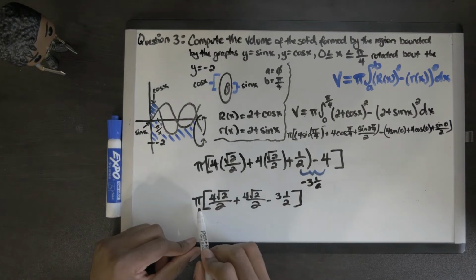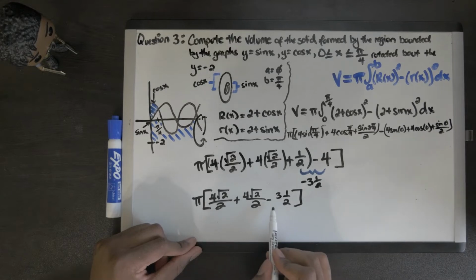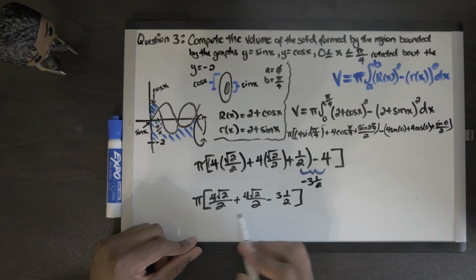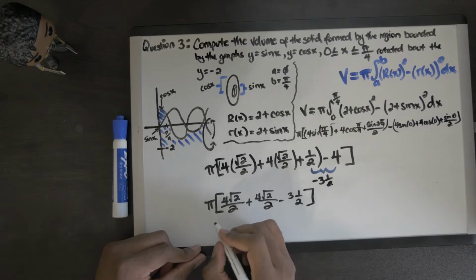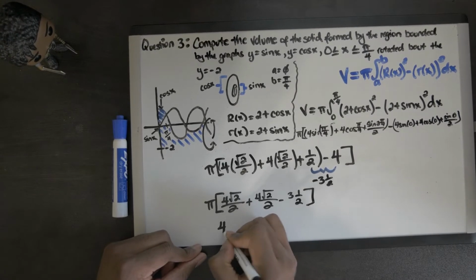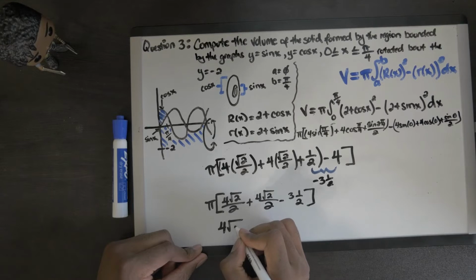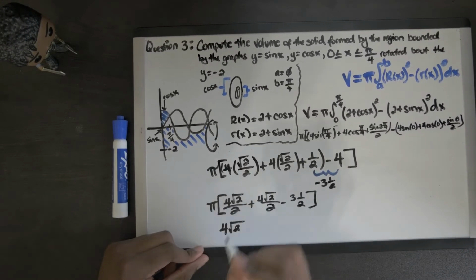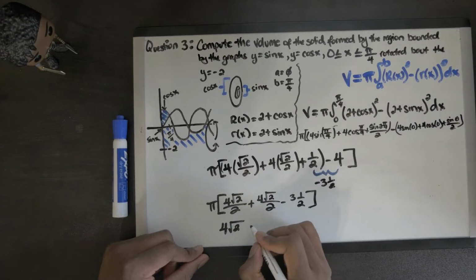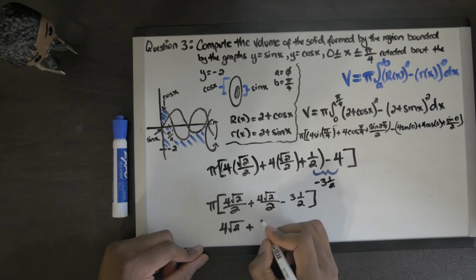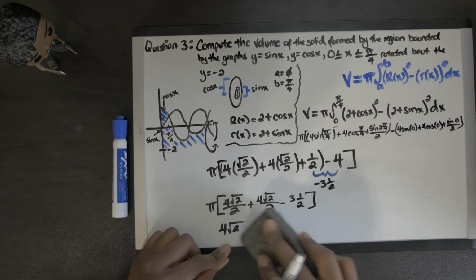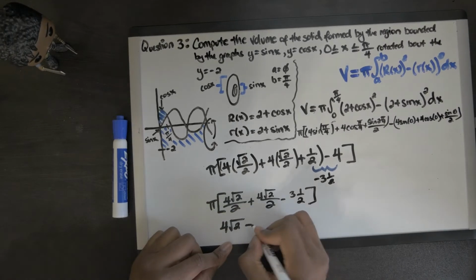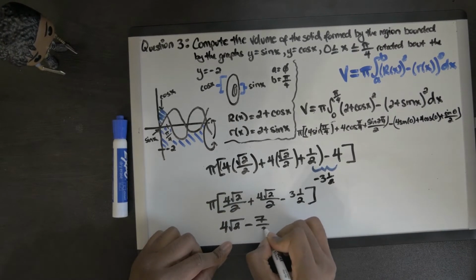Now when we go ahead and distribute our pi and we condense down what's in the center of this function here, we're going to go ahead and get the following, which is 4 root 2 plus, sorry, forgot we had actually a negative there, -7/2.